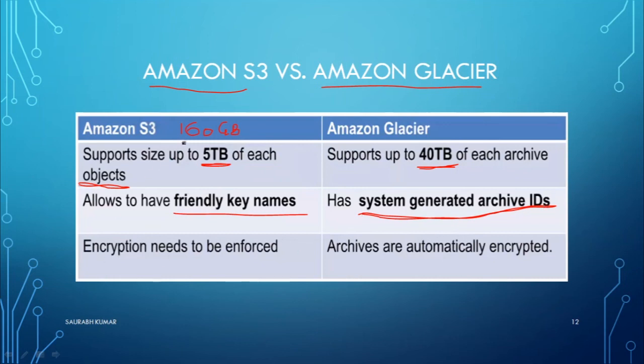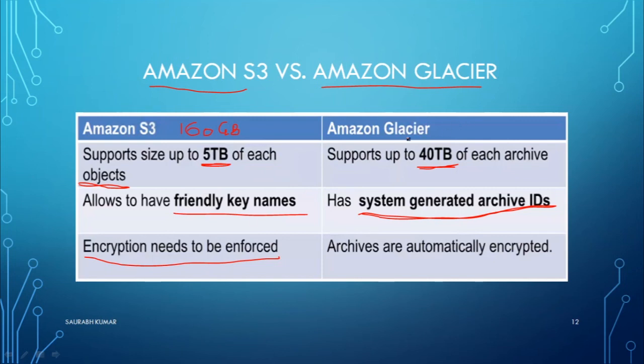The third point is that in Amazon S3 you have an option, and if you enable it, then you only need to define which kind of encryption you will be setting, like server side encryption with maybe AES 256 or something. So with S3 storage you have a choice to have encryption or to not have encryption.